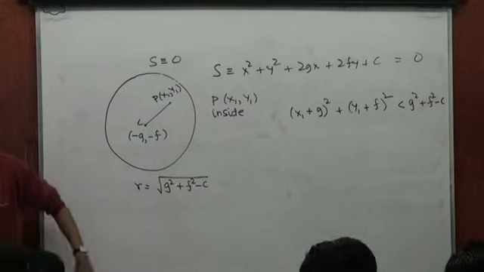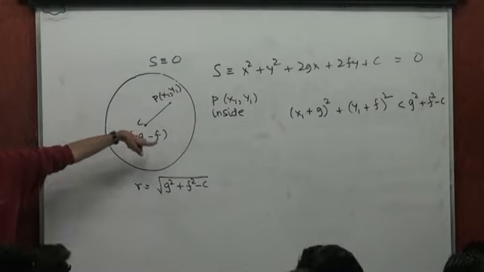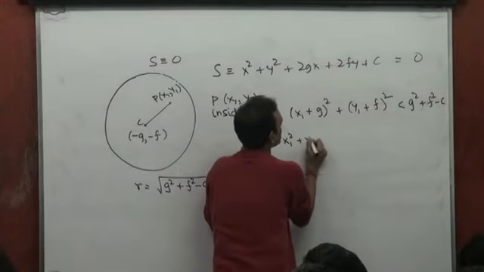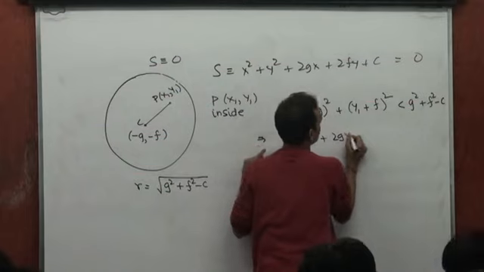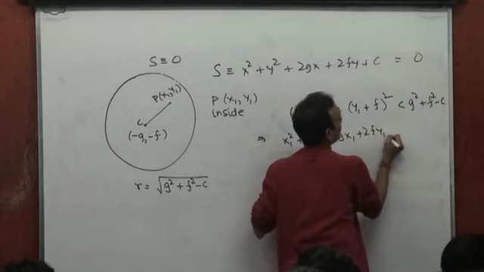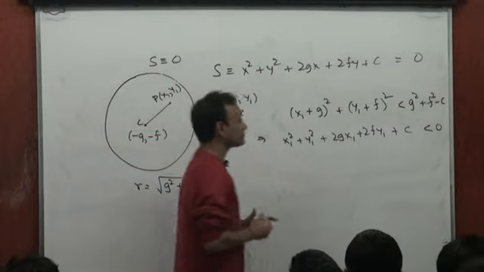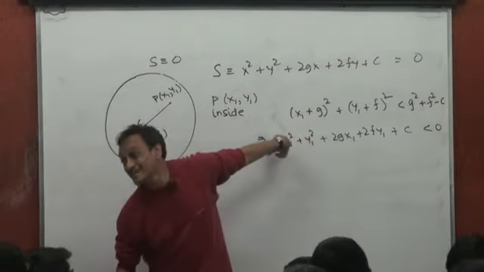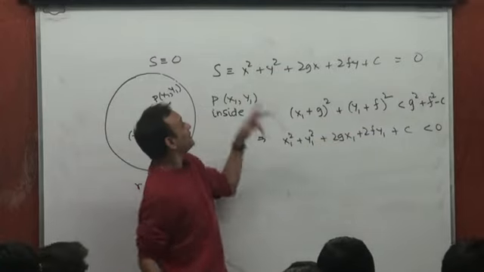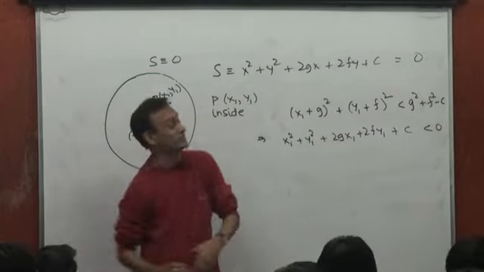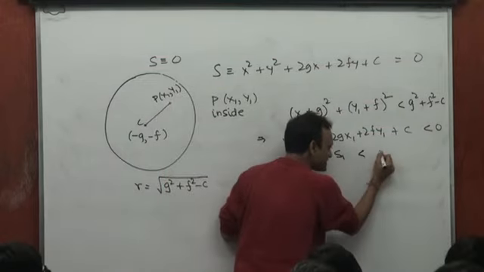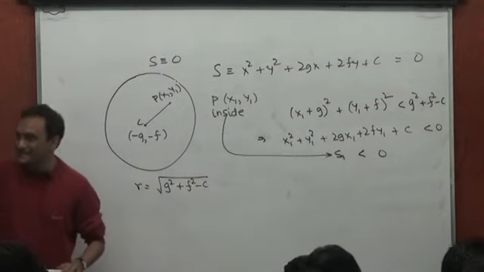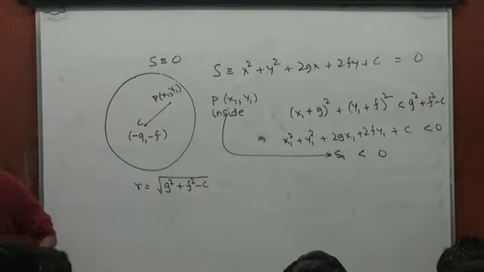If the point P is inside the circle, then the distance from the center must be less than the radius, which leads to this, which then gives me x1 squared plus y1 squared plus 2gx1 plus 2fy1 plus c less than 0. But what is this? This is S1, replacing x and y by x1, y1. So if S1 is less than 0, then x1, y1 lies inside the circle, right?